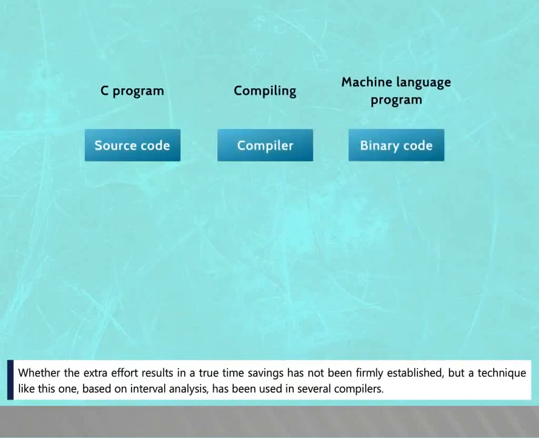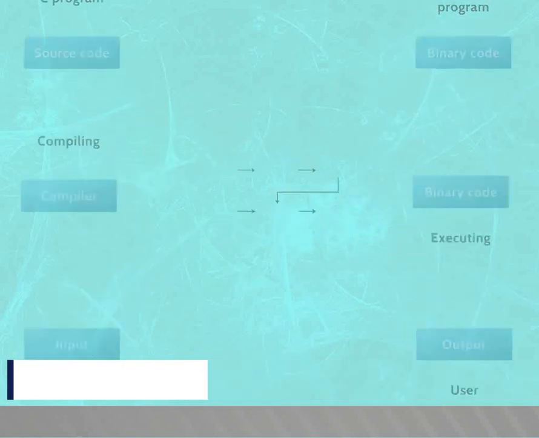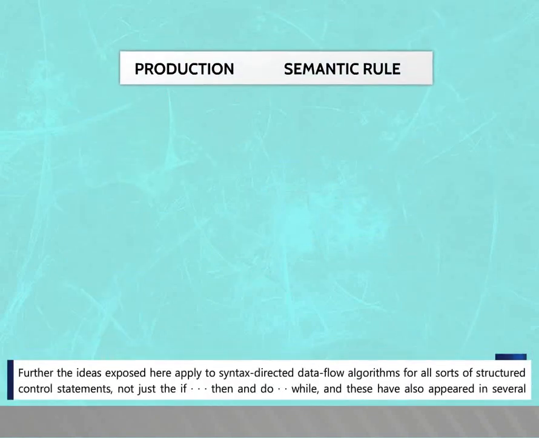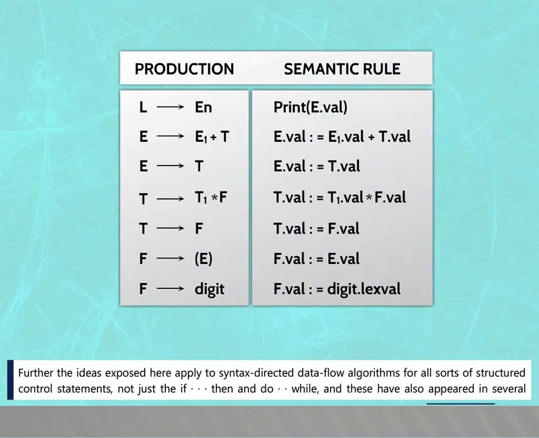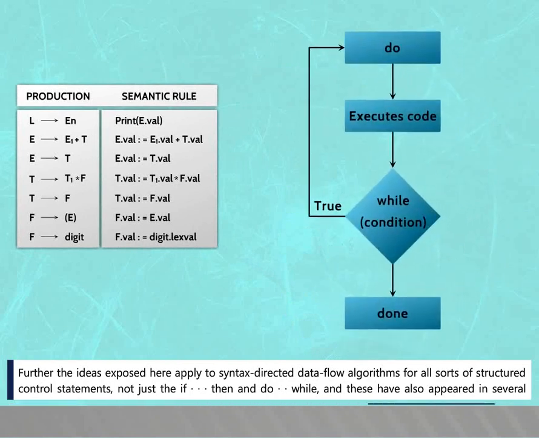Whether the extra effort results in a true time savings has not been firmly established, but a technique like this one, based on interval analysis, has been used in several compilers. Further, the ideas exposed here apply to syntax-directed data flow algorithms for all sorts of structured control statements, not just the if, then, and do, while, and these have also appeared in several compilers.